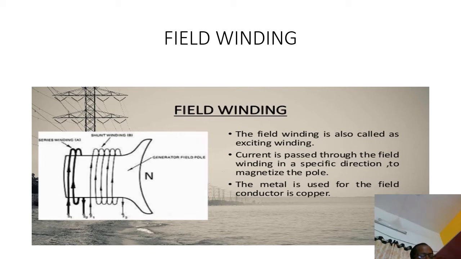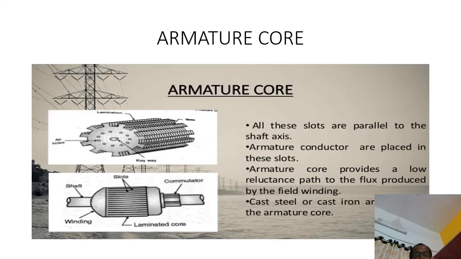Next, brush and brush holders. Next we are going to discuss armature core. Here the armature core is cylindrical in shape, as you can see in the diagram, built up of high permeability silicon steel stampings or laminations of 0.5 mm thick.